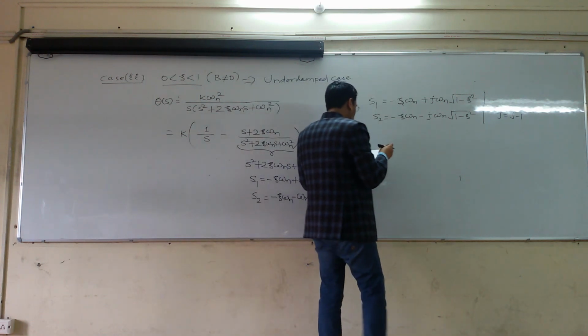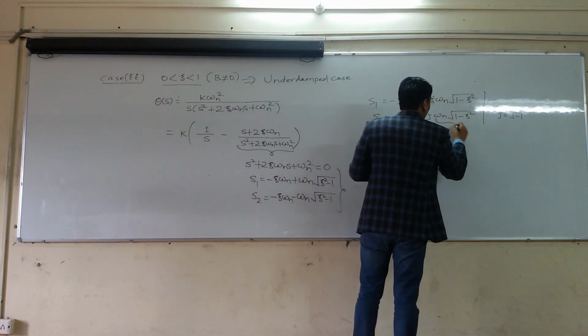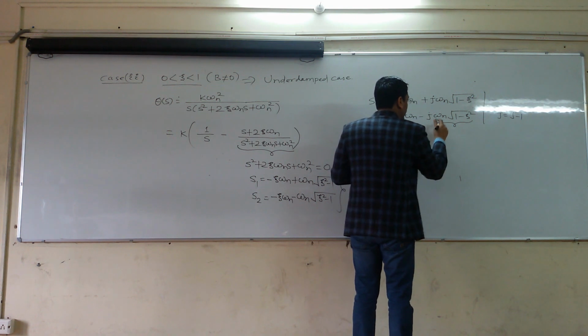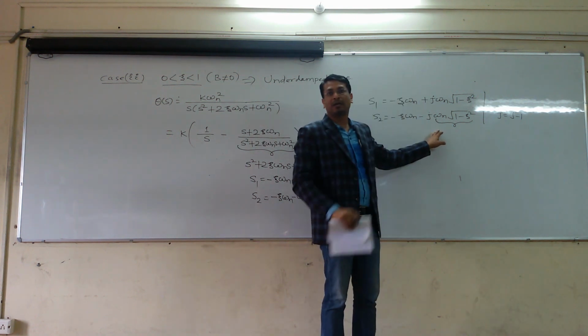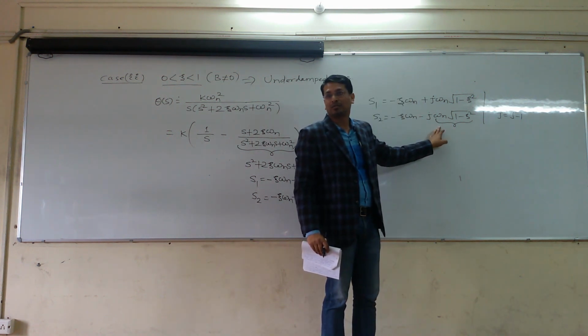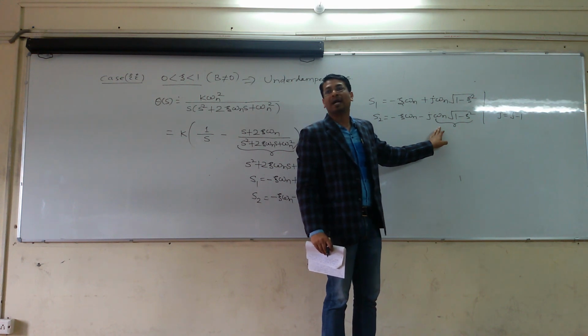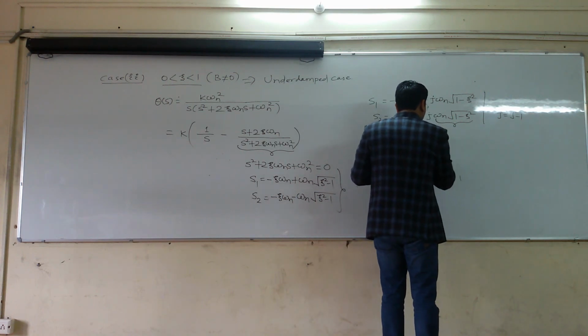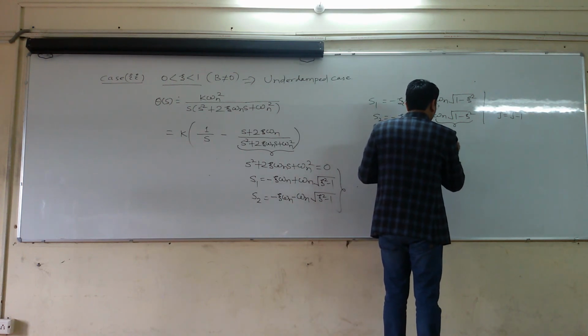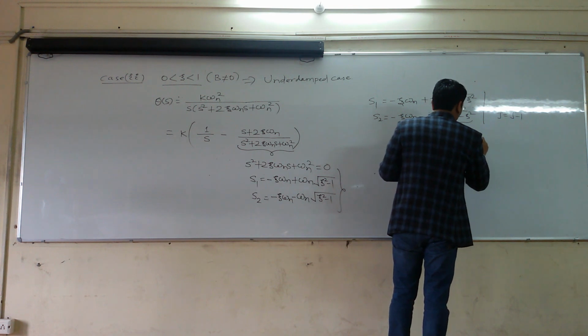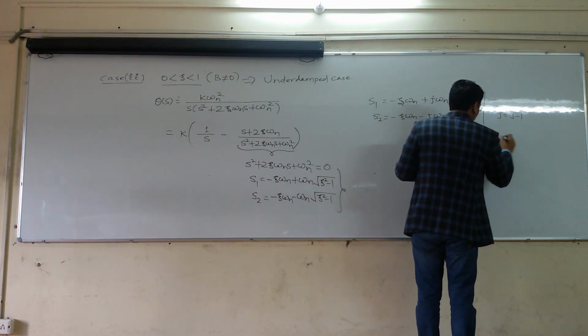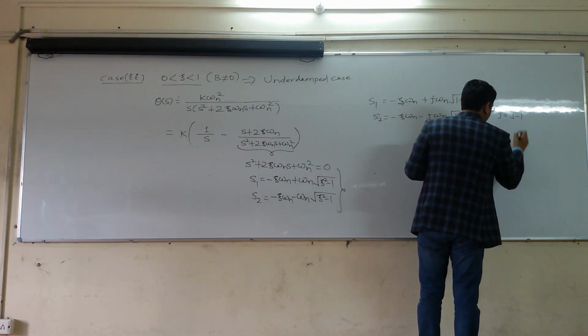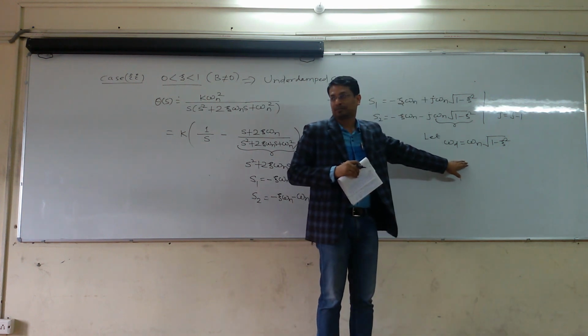Okay. Now I am going to take another variable. I am going to say this whole term, omega n multiplied by root under 1 minus zeta square, is nothing but omega d. I am going to name it. I am going to take another variable omega d, and define it as omega d equal to omega n root under 1 minus zeta square.